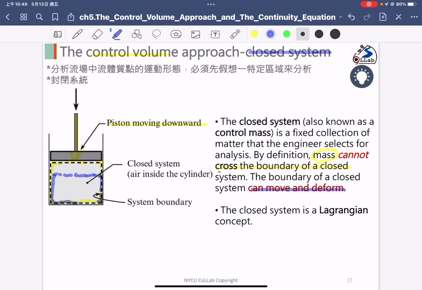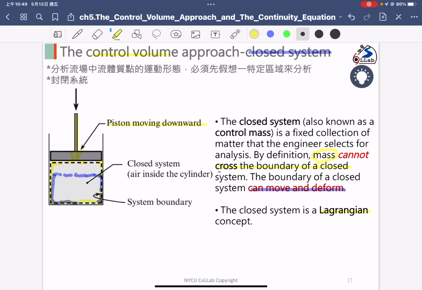Usually the closed system is the Lagrange concept. I think all of you already forgot what the Lagrange is. The Lagrange idea is that we have a closed system, I pick out one fluid particle, and I observe this particle moving at different time points to see where the particle is located.